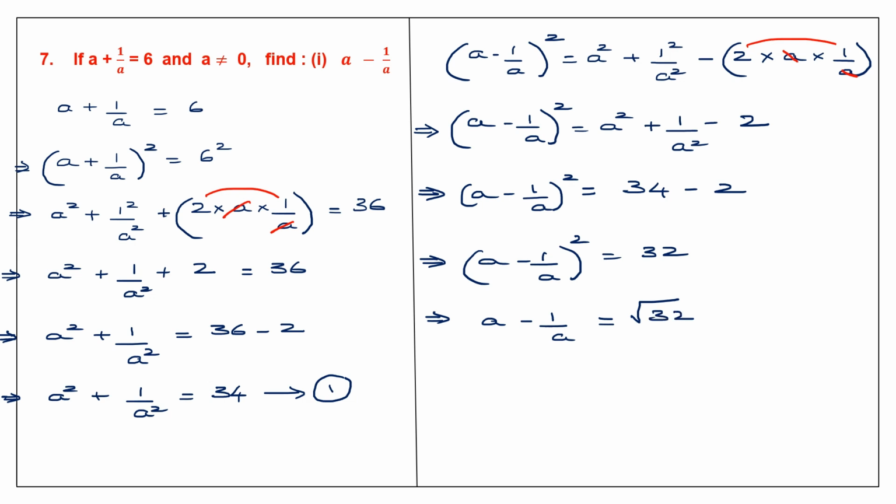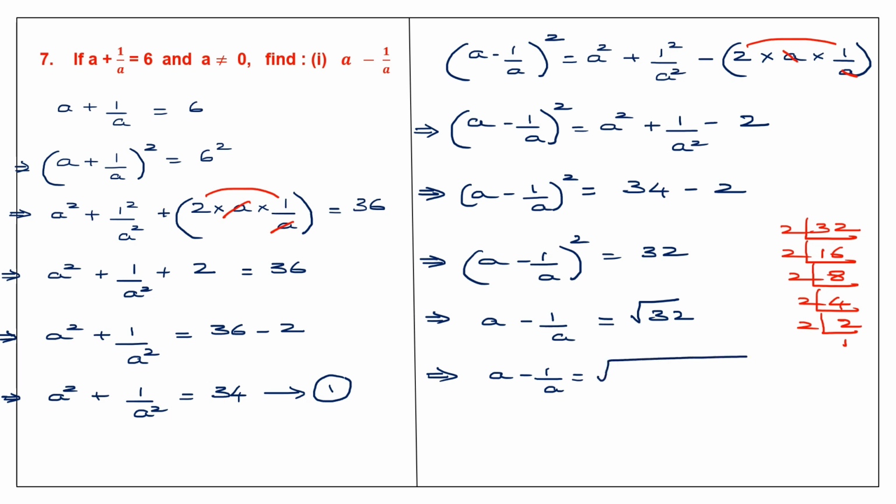We know 32 is not a perfect square, so let's find the prime factors of 32. So 32 by 2, 2 into 16, 2 8s are 16, 2 4s are 8, 2 2s are 4, and 2 1s are 2. So let's write that down. So here a minus 1 by a is equal to, let's write all the prime factors of 32.